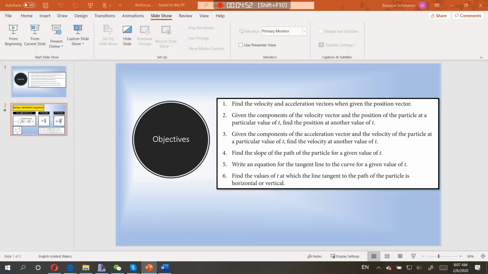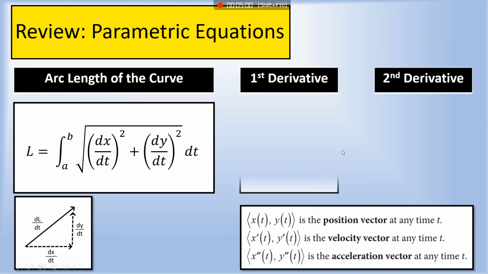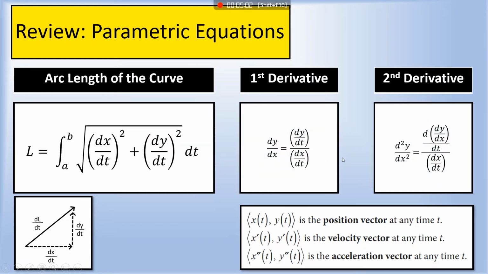Oops, that should be dx, right? There we go. Okay, so derive dy over dx in terms of t, and then we'll divide by dx over dt. Okay, cool.